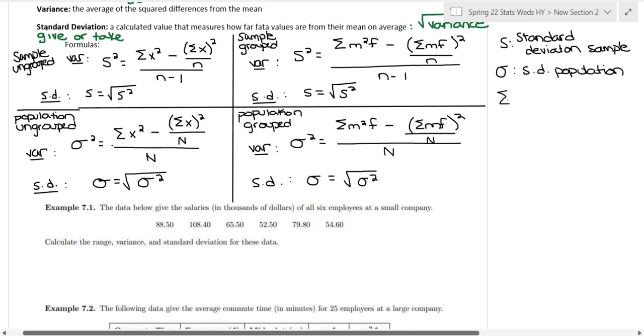You had that uppercase sigma, remember that's sum. X are just your data values. N, that's your sample size, so how many. Then capital N, that's population size.